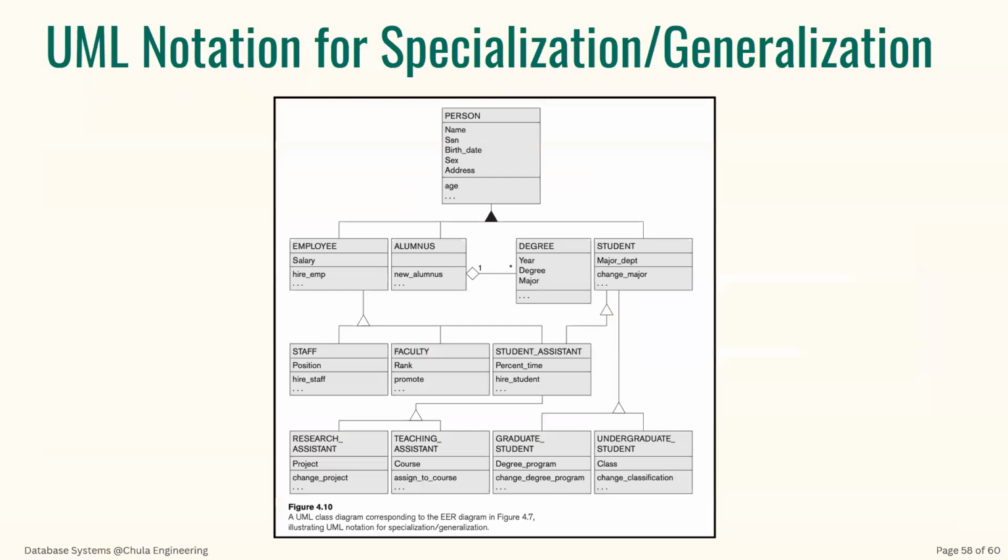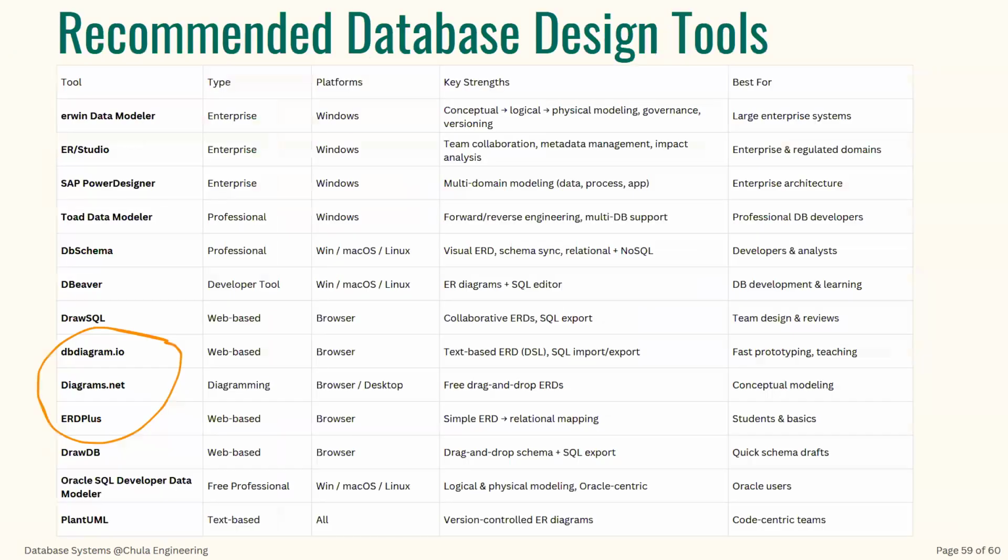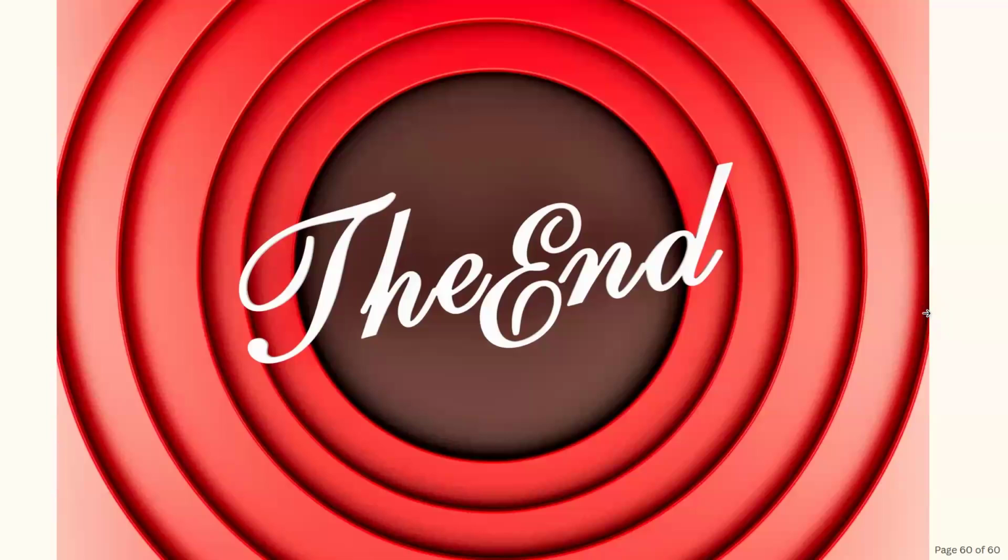It means the same thing, all right? Or you probably see UML. But now you'll be using a database design tool to draw all these diagrams. And the ones that I recommend are the ones that I circled here. These three are the ones that I recommend that are easy to use. And that's it. Yay. Finally.